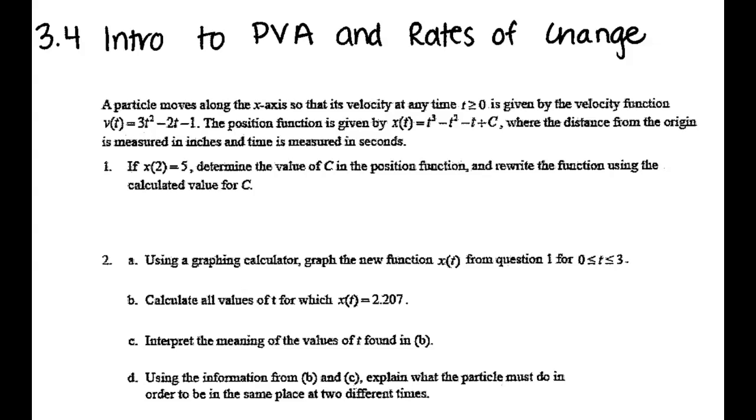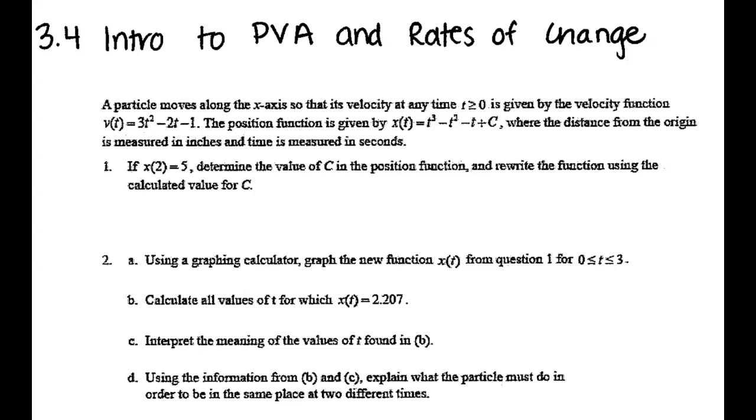If we are given that x of 2 is equal to 5, determine the value of c in the position function, and then rewrite the function using the calculated value for c.